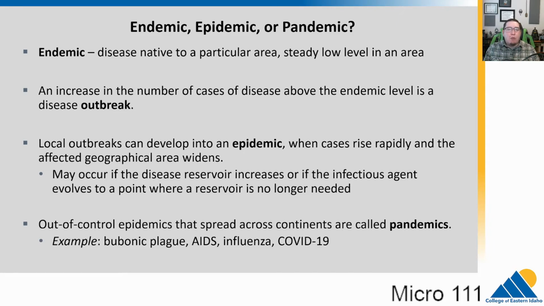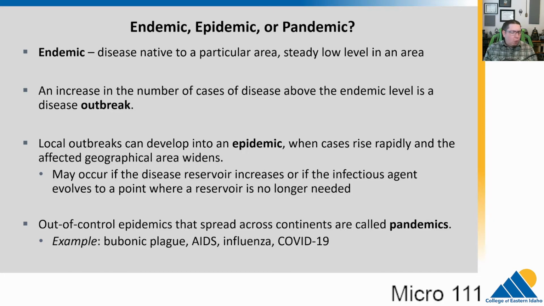So let's say, for example, for whatever reason, there were no chickenpox in Canada and there were chickenpox in the United States. If we saw that the number of cases started to go up and we started to see cases in Canada, we would call this an epidemic. This can have many causes. If the reservoir for the disease increases or the infectious agent evolves or people change how they're interacting and things like this. So there can be many different causes of epidemics.